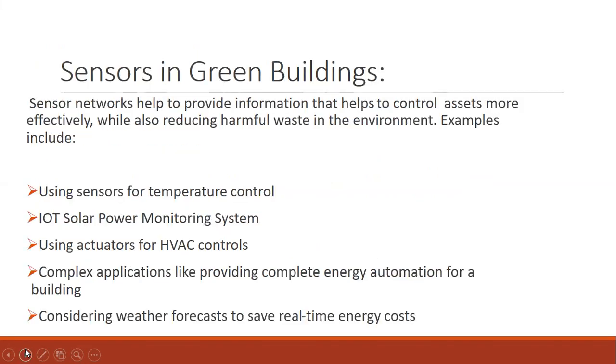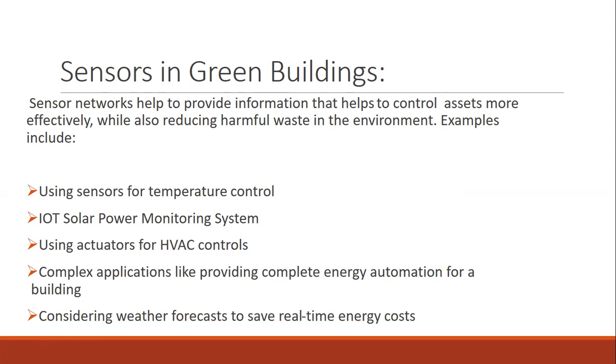We have to devise some techniques with which we can automate the controlling and the monitoring process. For that, we have to design IoT based solutions. We have to install some IoT based solutions in that green building so that our objective will be achieved.